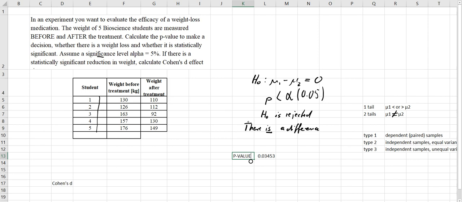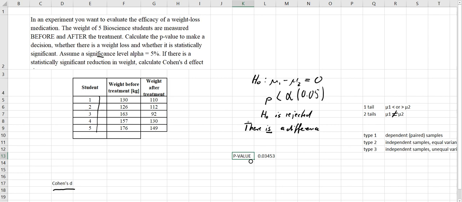So we also want to figure out whether this weight difference is in practice significant. And for that, we calculate the effect size, Cohen's d effect size.